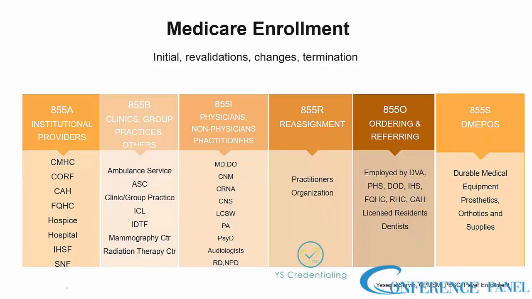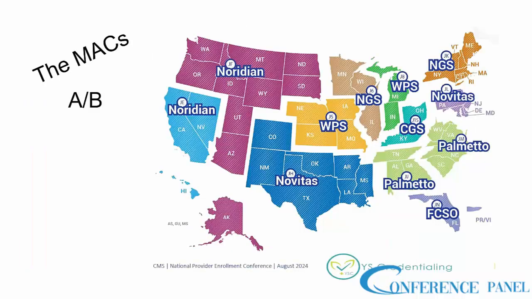And so the applications that we're talking about today are the 855As, and we're specifically focused on these, the A, the B, the I, and the R. And so your 855A is for institutional providers. Your 855I is those individuals, could be physicians and non-physicians. One of your initial steps should be immediately to understand the MAC.